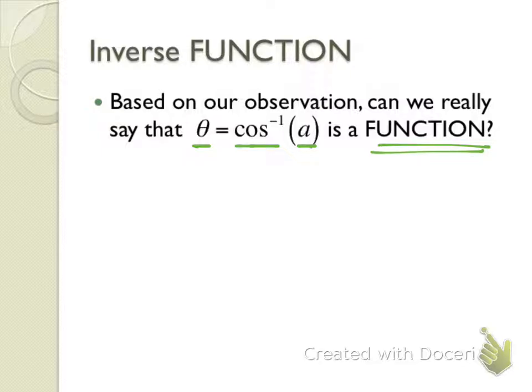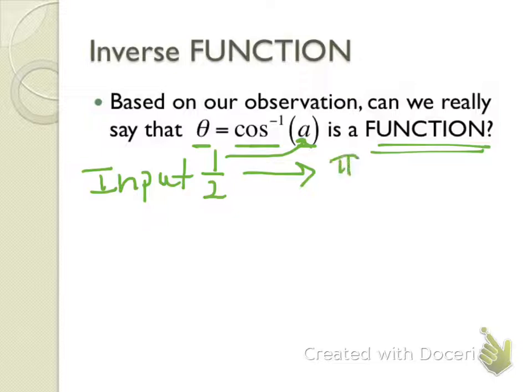Because we're saying that, okay, my input was 1/2 for the a. My output ended up being at least pi over 3 and 5 pi over 3.